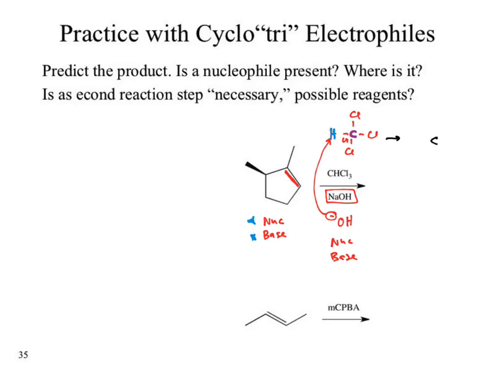And now we've got a whole other issue, because when we look at that structure, we now have a negative carbon. And how should a negative carbon react? Like a nucleophile or base. I'm still dead in the water with it still being a negatively charged thing. But what else is special about that carbon?